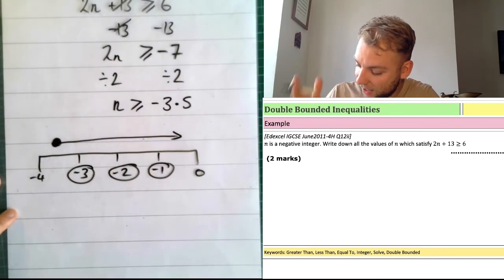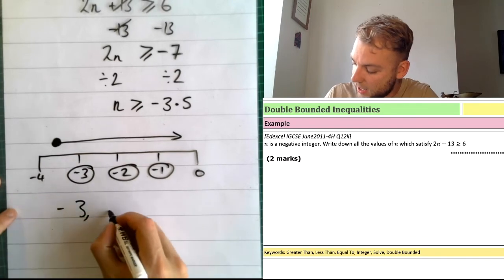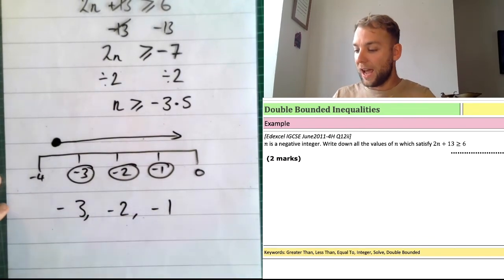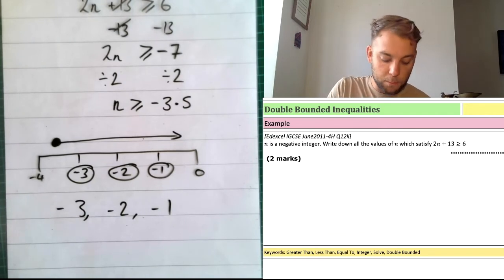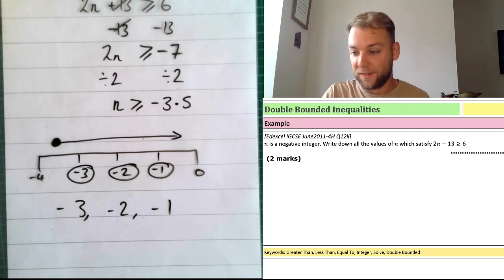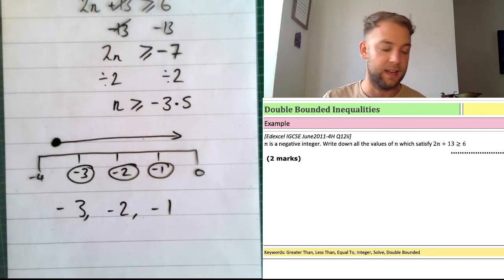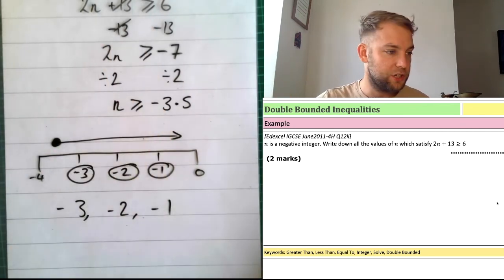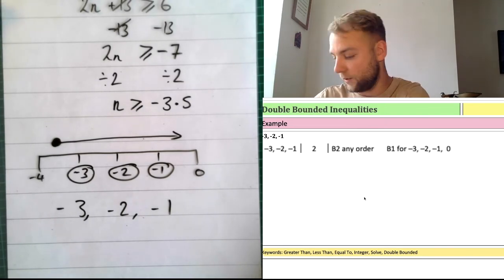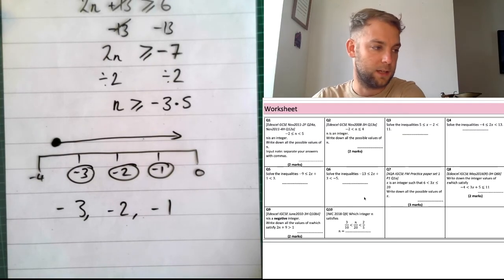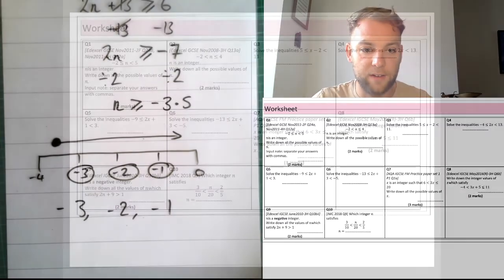So if it's a negative integer, it's going to be -3, -2, -1, and that satisfies both of our statements: the fact that n is negative and this inequality here. Brilliant. So let's just check that answer. -3, -2, -1, super.